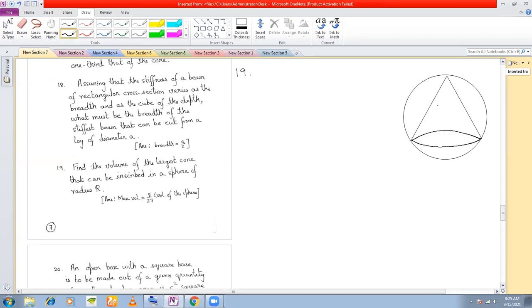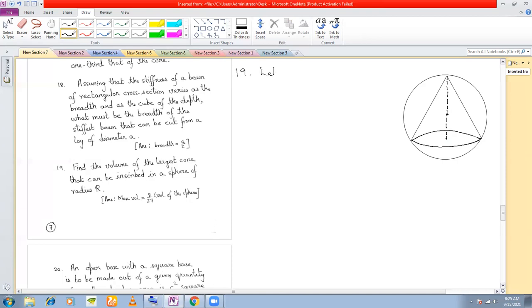If the sphere is given, then what is given to you? The radius of the sphere is given to you. That means the radius of the sphere is constant, right?